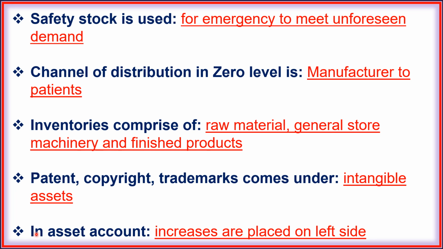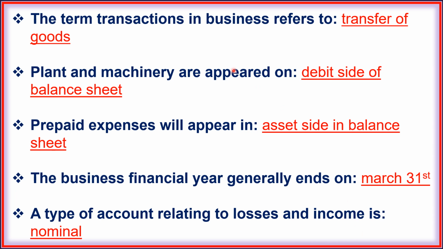Next, in assets account, increase are placed on left side. Next, the term transaction in business refers to transfer of goods. Next, plant and machineries are appeared on debit side of balance sheet.